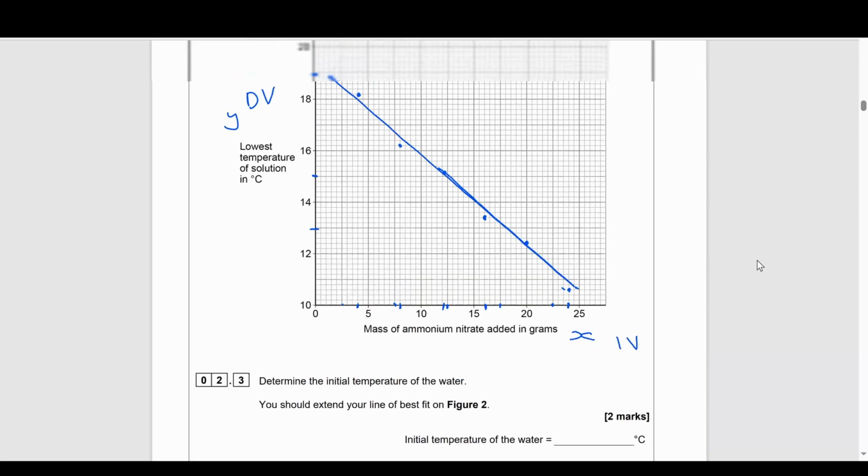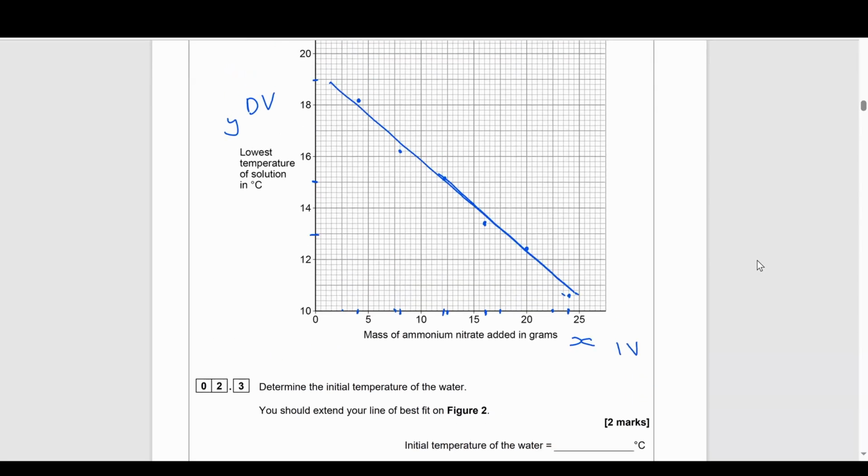When it means extending the line of best fit, we want to get to a point where the line is touching the y-axis, because when it's touching the y-axis, that should be when there is no ammonium nitrate. So that should mean it's at the start of the experiment.